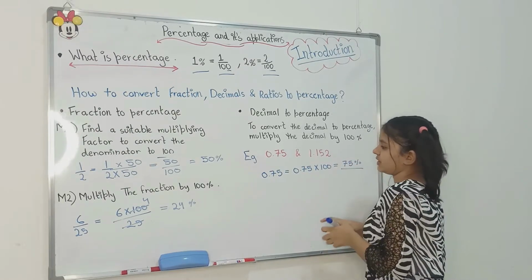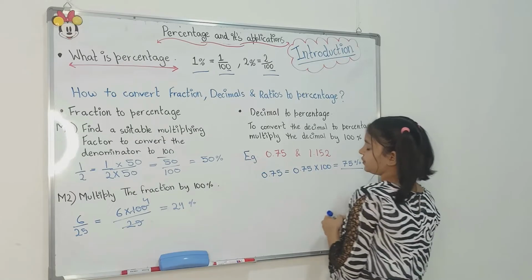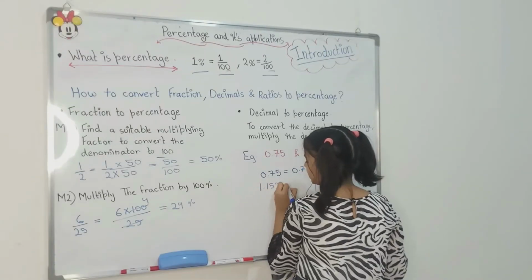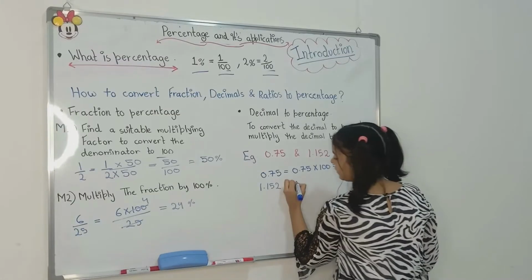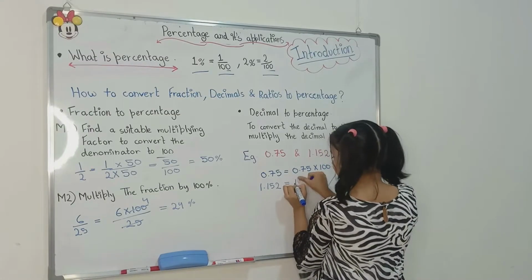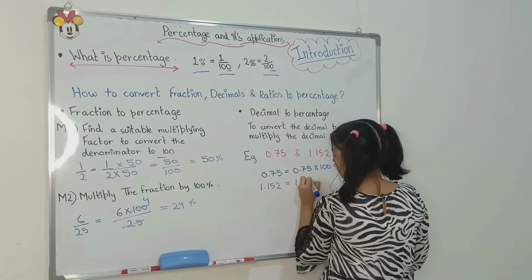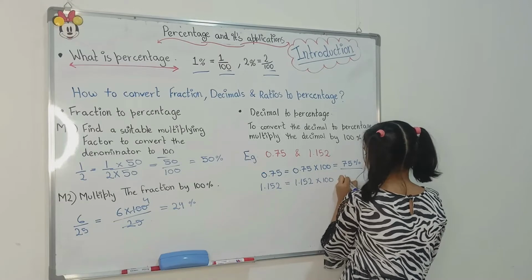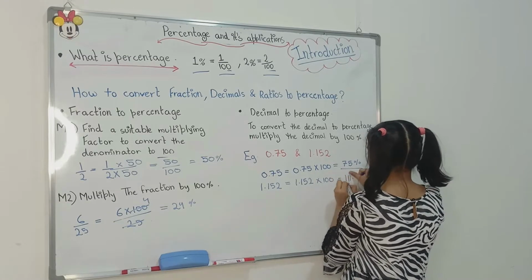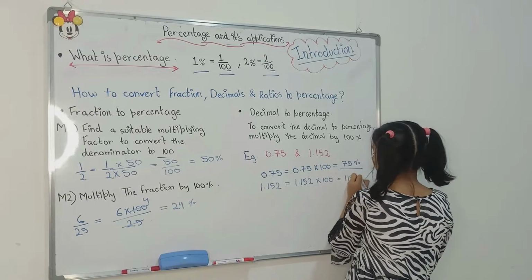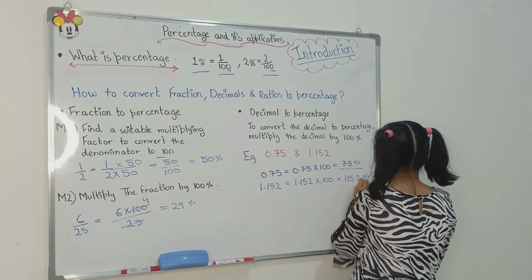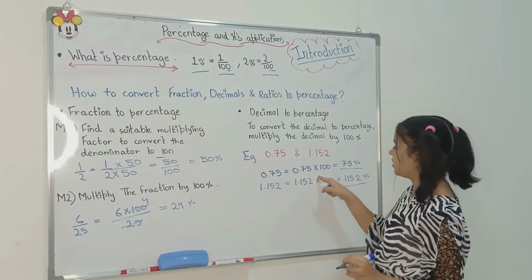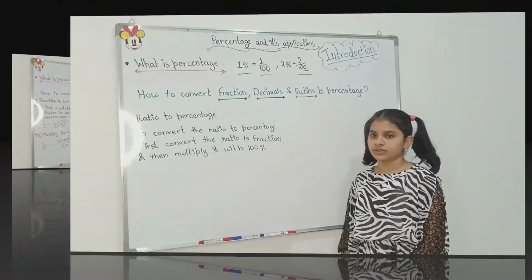Now 1.152, so again we will multiply it with 100, and then our answer would be 115.2%. So here we converted decimal to percentage by multiplying with 100.